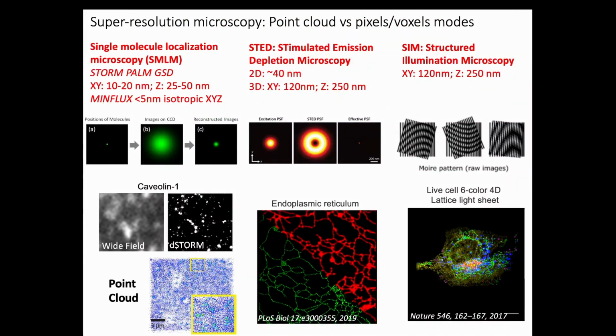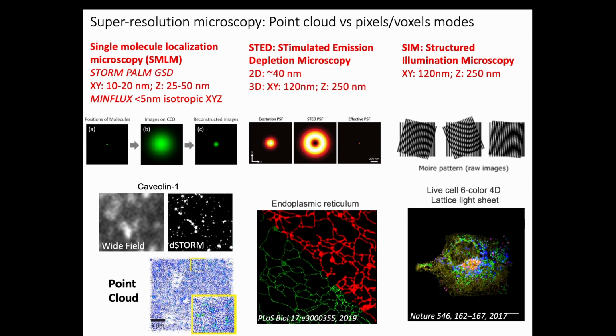So super resolution microscopy, I guess there's lots of different types. There are three styles that are perhaps most prevalent and most available to most biologists. The first is single molecule localization microscopy, SMLM. You may have heard of this under names like STORM, PALM, or GSD.